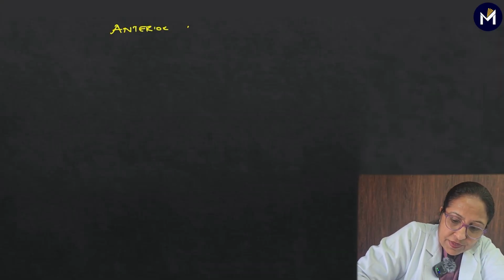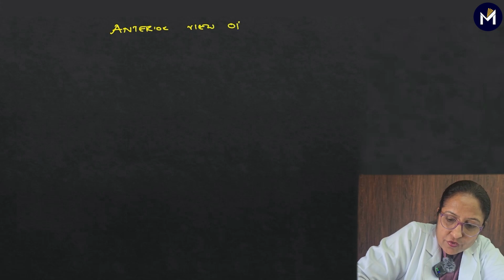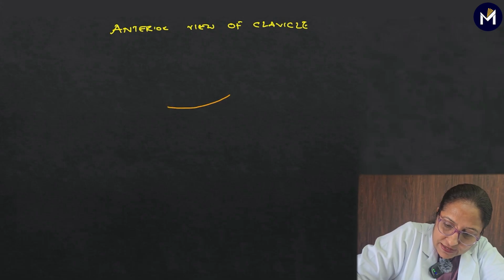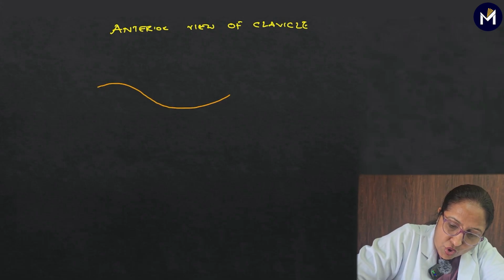So what we have studied just now, we can actually quickly draw a diagram so that you can revise what you have learned. So you can draw along with me. I'll draw two views. First, the anterior view of clavicle. This is the anterior view of clavicle. So let us draw one clavicle, convexo-concave.